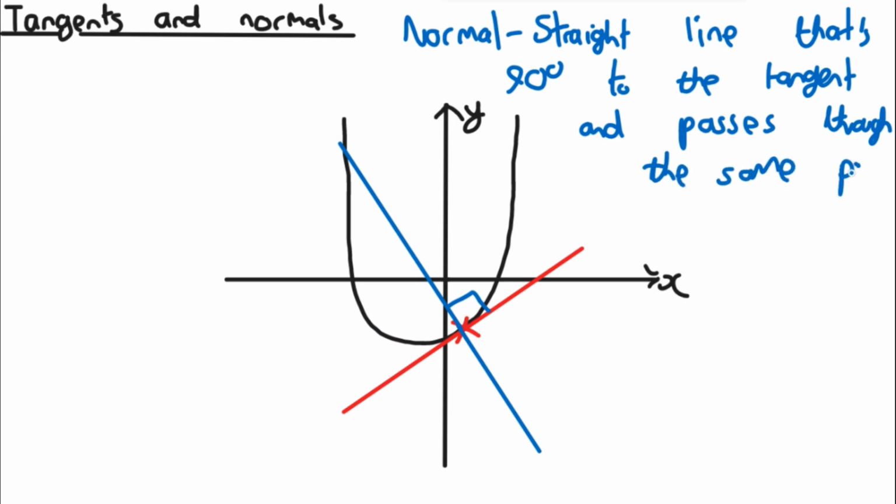So it is a line that passes through the same point where the tangent touches the curve, and it's 90 degrees to the tangent here.